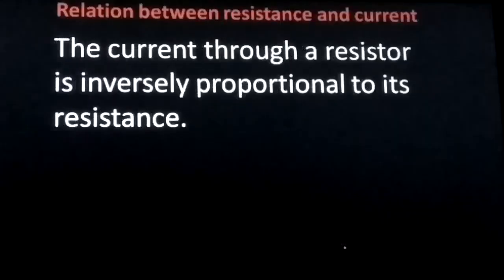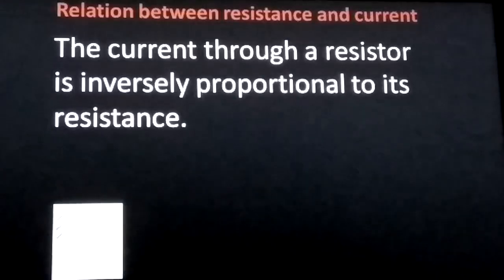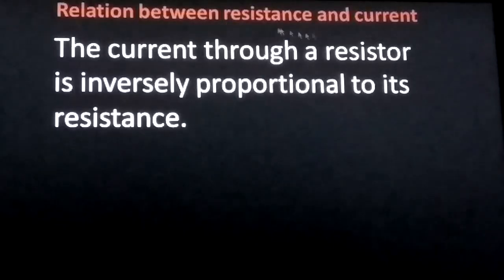Okay. Now students, we will see the relationship between the resistance and the current. The current through a resistor is inversely proportional to its resistance.